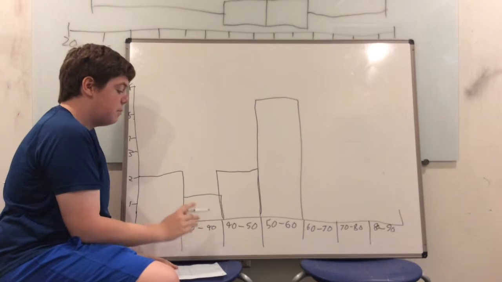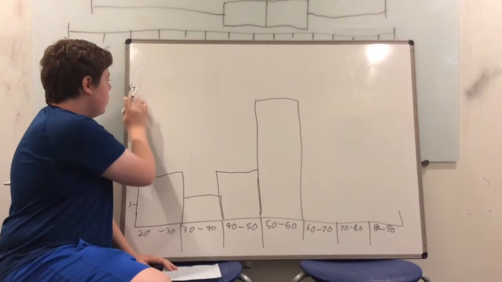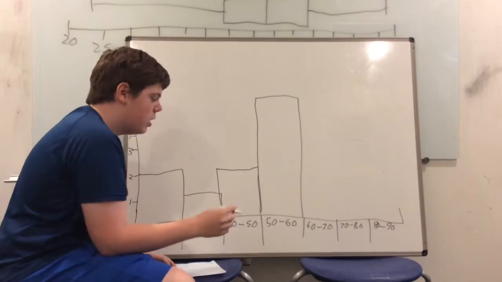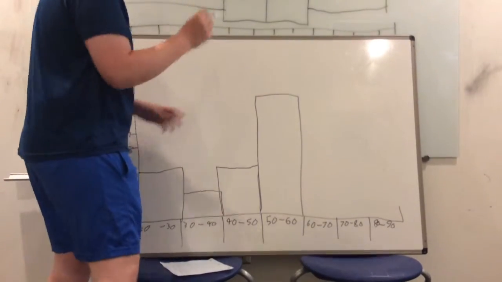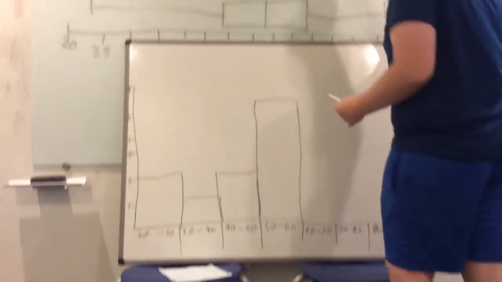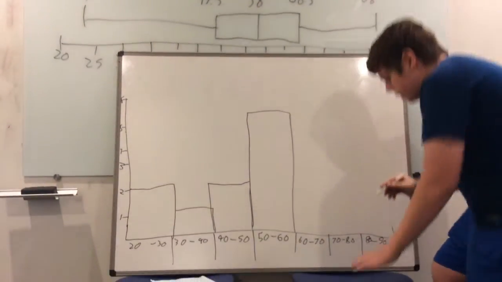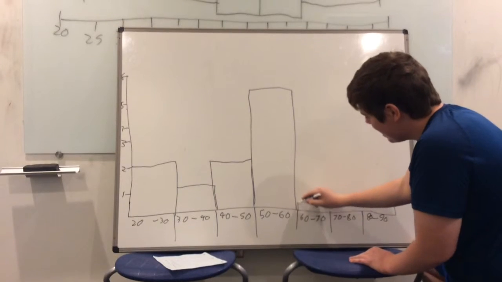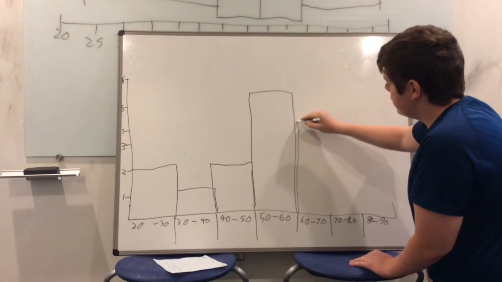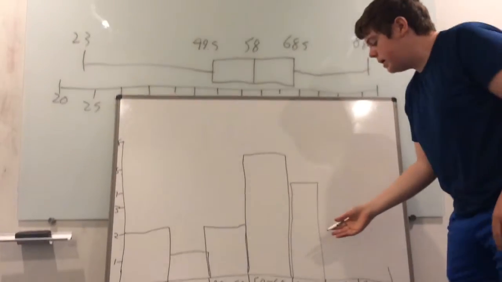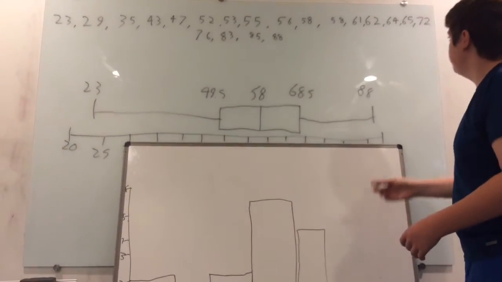So there were 6 people between 50 and 60. Now between 60 and 70, we can see we have 1, 2, 3, 4. So that 4 is up here, and we go over and down. Now we can tell that there are 4 people between 60 and 70.